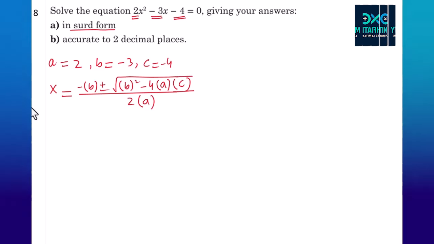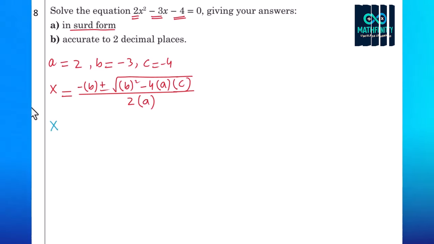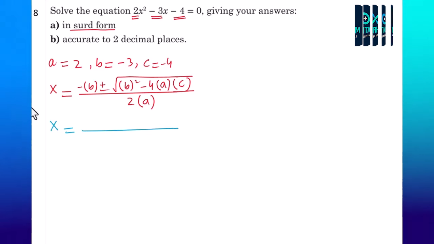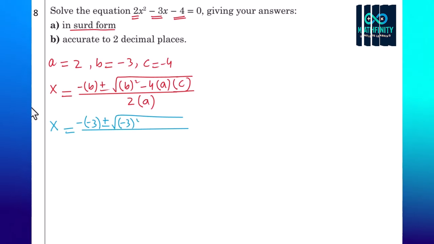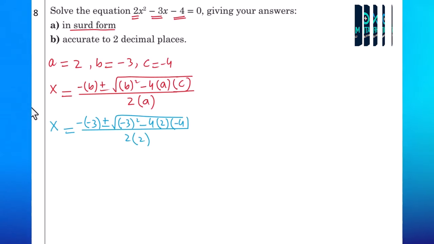Then we will substitute the values. What is b? -3 plus minus -3 square minus 4. What is a? 2, and c is -4 over 2a.